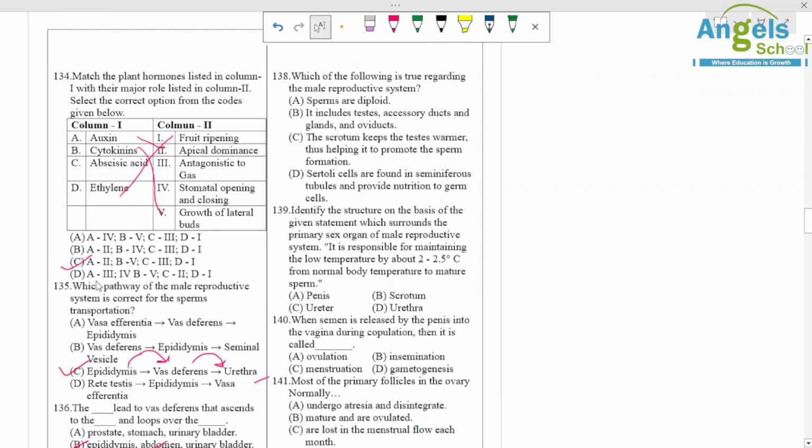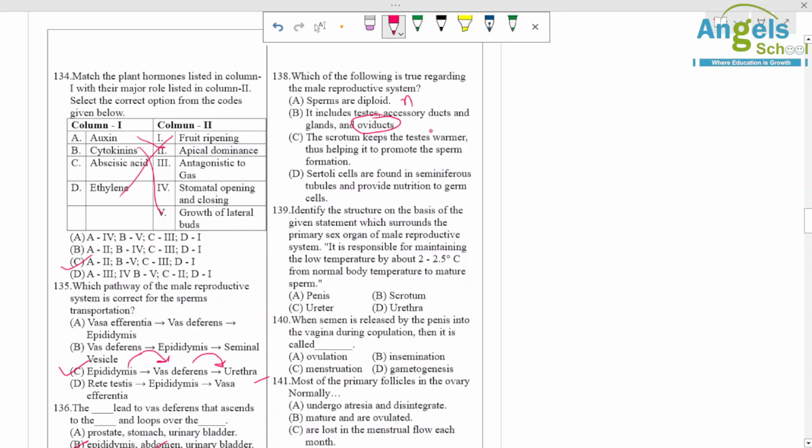Okay, question number 138. Which of the following is true regarding the male reproductive system? Sperms are diploid: wrong option. Sperms are haploid. It includes testes, accessory ducts, glands, and oviduct. In the male reproductive system, the oviduct is not present.